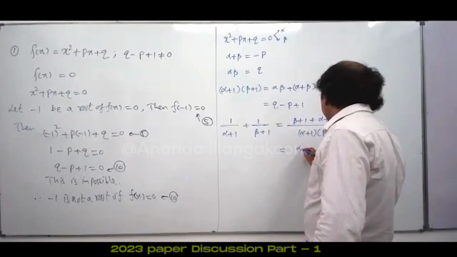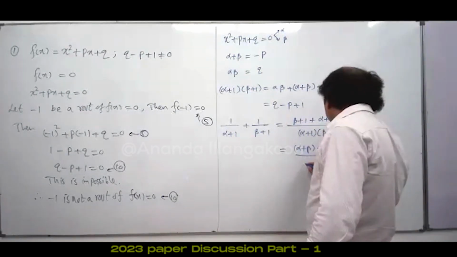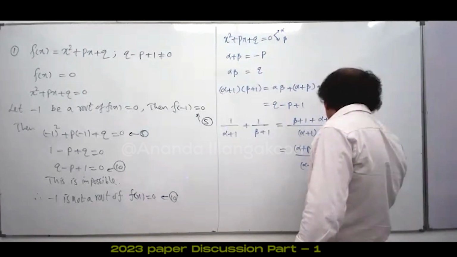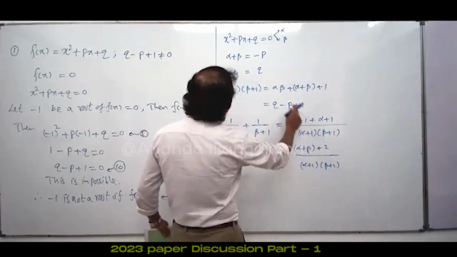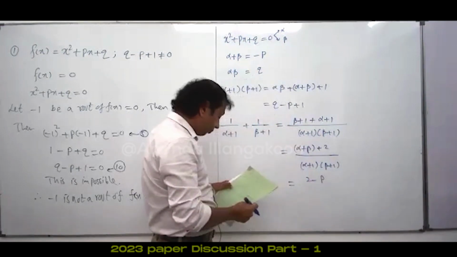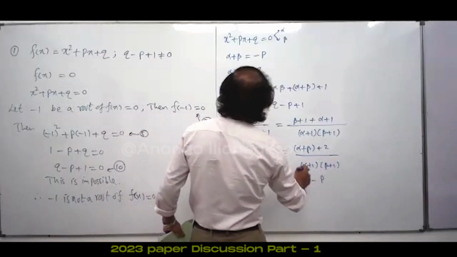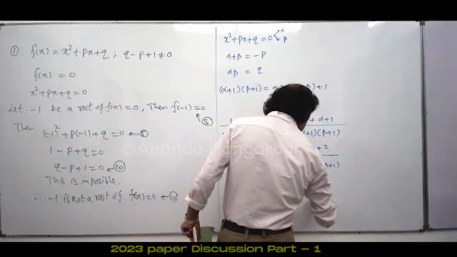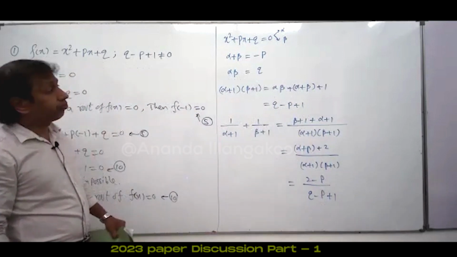Here we can write this as alpha plus beta plus 2 divided by (alpha plus 1)(beta plus 1). Then you can substitute alpha plus beta as minus p, so the numerator is 2 minus p. And the product (alpha plus 1)(beta plus 1) is q minus p plus 1. This way we get that, no?